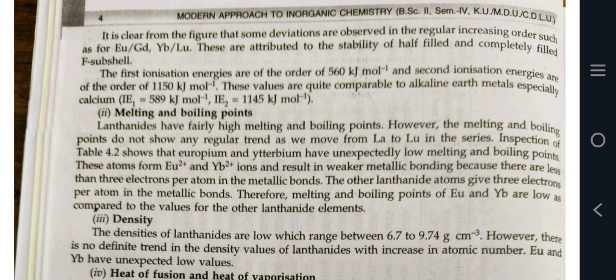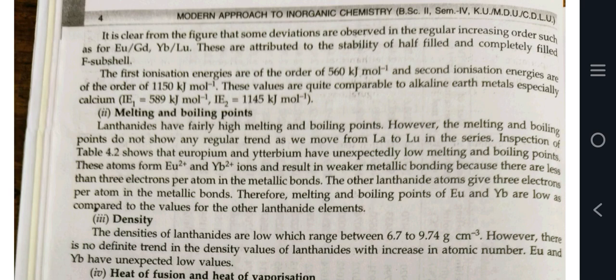These are attributed to the stability of half-filled and completely filled f subshells. The first ionization energies are of the order of 560 kilojoule per mole, and second ionization energies are of the order of 1150 kilojoule per mole.